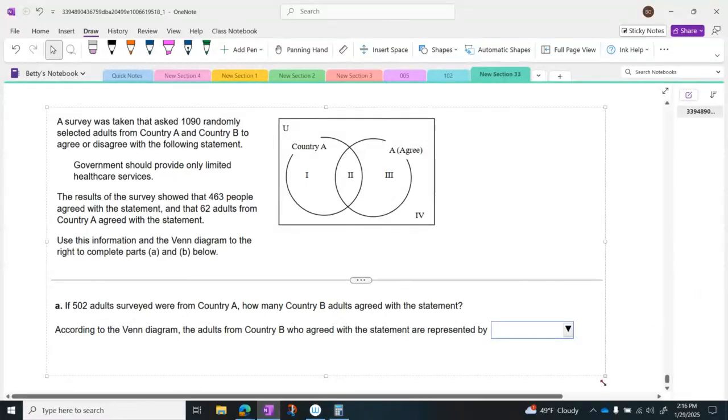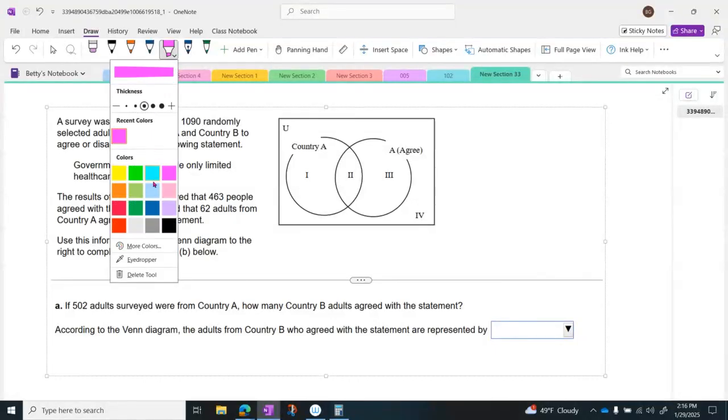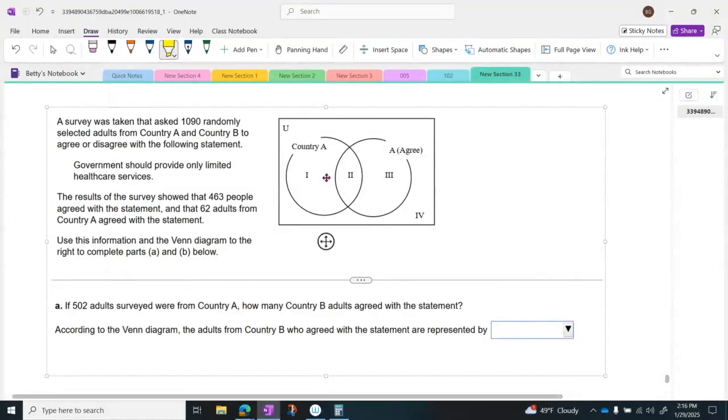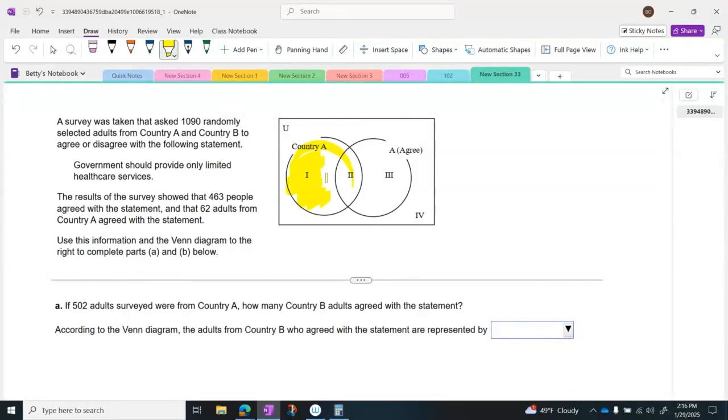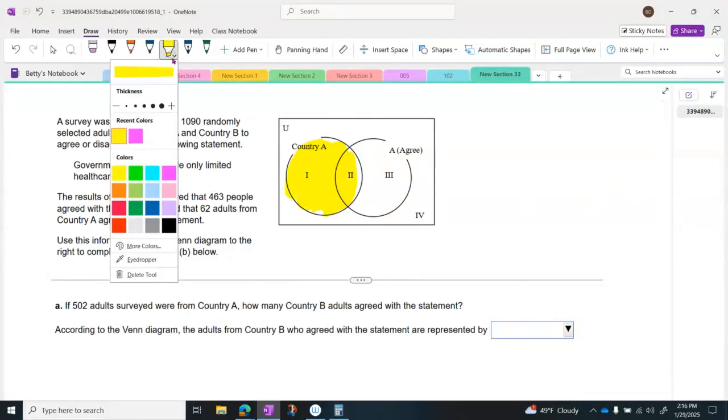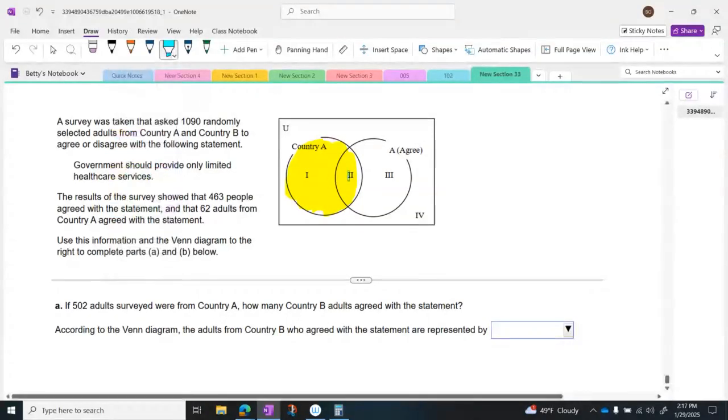All right, let's see this survey problem. The box is universal set. Circle A, I can actually color it yellow. The yellow circle is country A. People in this set are from country A. Blue.